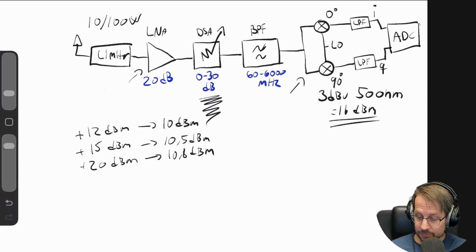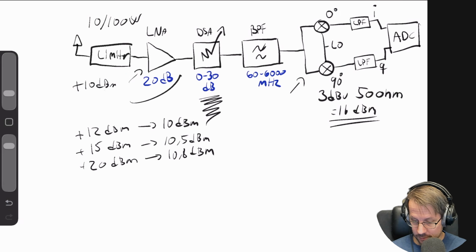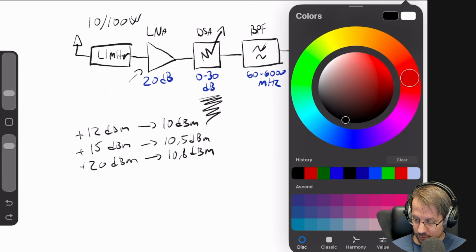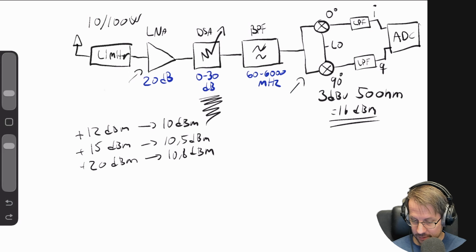That's the damage level. And also a plus 10 dBm signal that comes out here. Let's say we do it like this instead. I'm writing it there. So let's say you push in plus 10 dBm. It will be clamped down to 10 dBm.